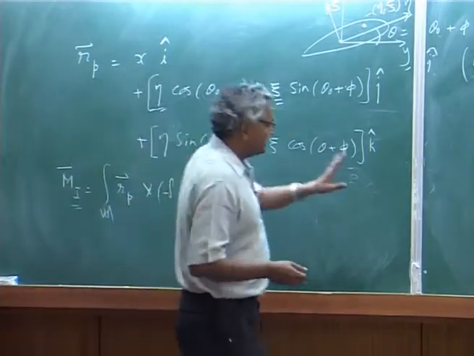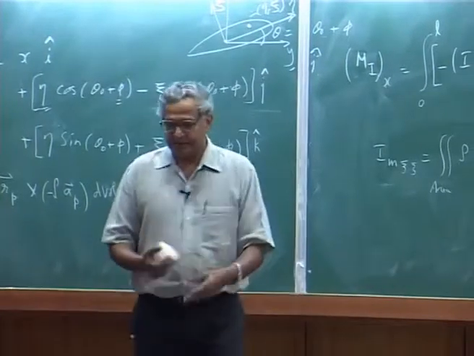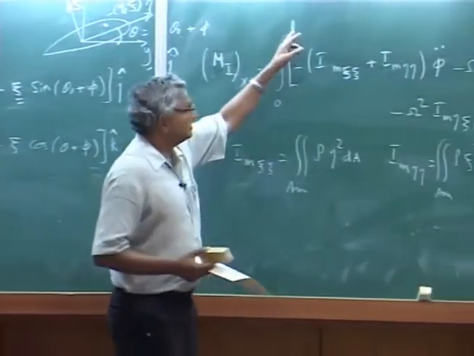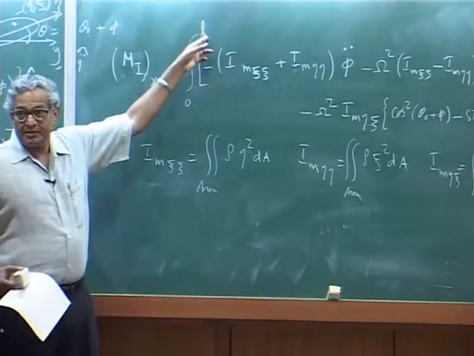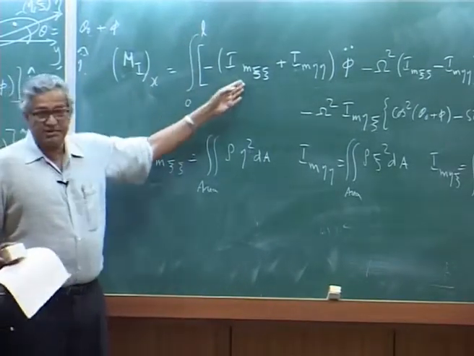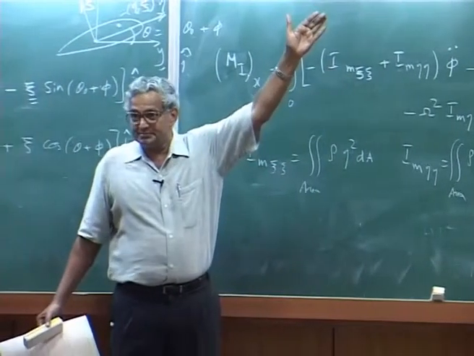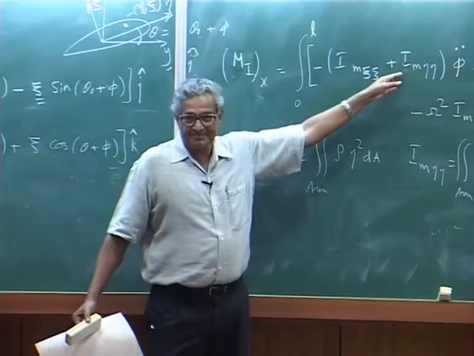Now I will just write the equation of motion. Because this is an integral over L, my cross section properties can vary along the span, because they need not be constant.